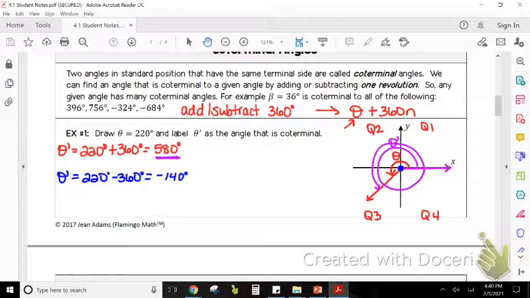So my vertex is the origin, my initial side is on that positive x-axis. This one's negative, so I'm going to go clockwise. There's negative 90 degrees, and I need to go 50 more, which is going to put me right there. So this here is also a theta prime. It's just a negative one, okay? But the point is they're all going to share that same terminal side.